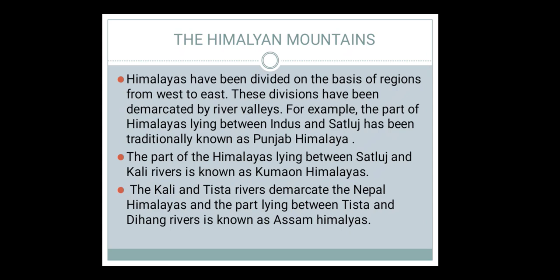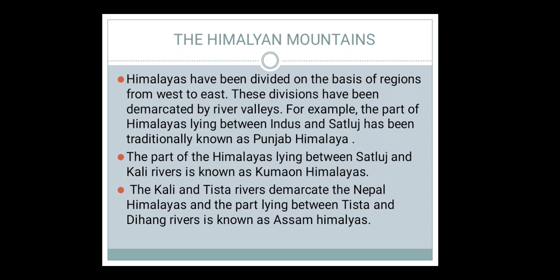Then the part lying between Satluj and Kali rivers is known as Kumaon Himalayas. The Kali and Tista rivers demarcate the Nepal Himalayas, and the part lying between Tista and Dihang rivers is known as Assam Himalayas.